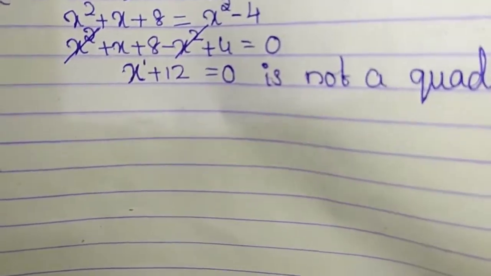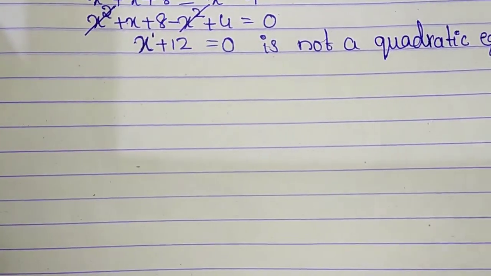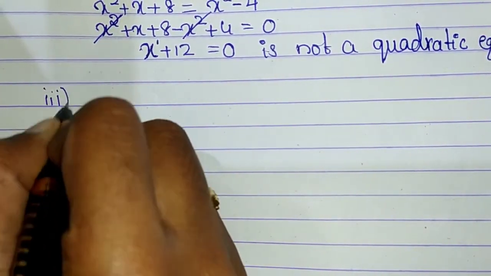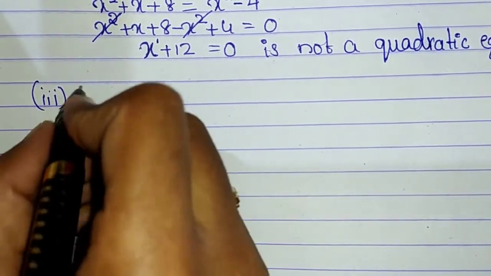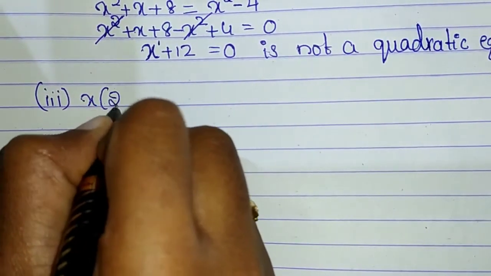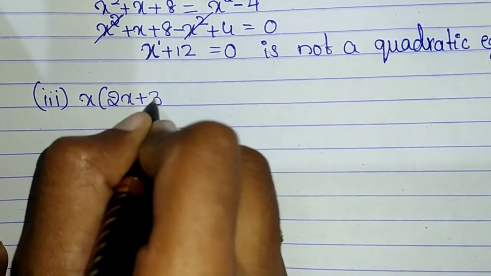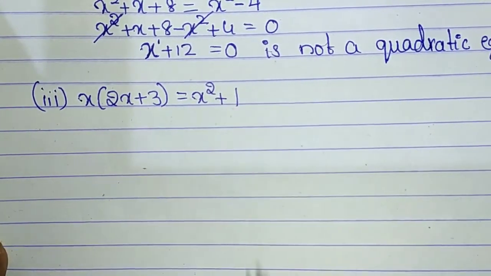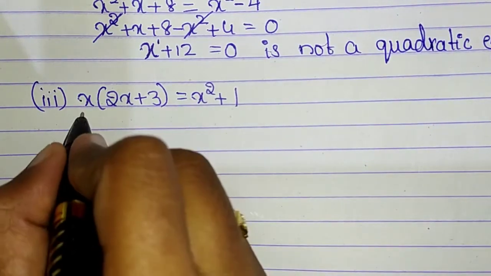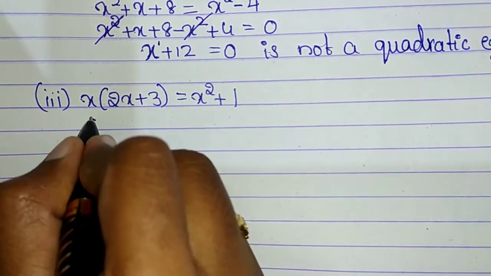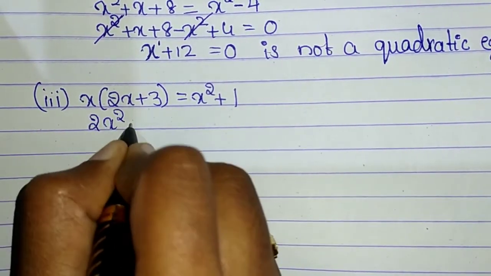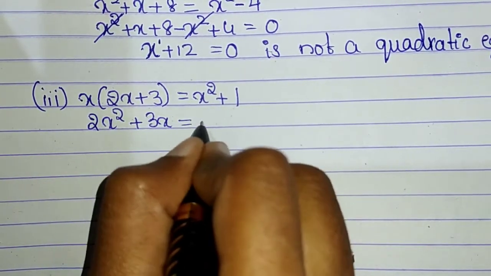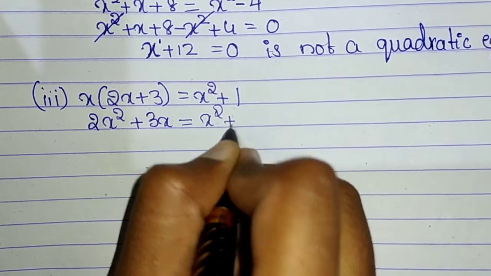Moving ahead to the third equation, x into 2x plus 3 is equal to x square plus 1. So opening the brackets on the left hand side, we get 2x square plus 3x is equal to x square plus 1.